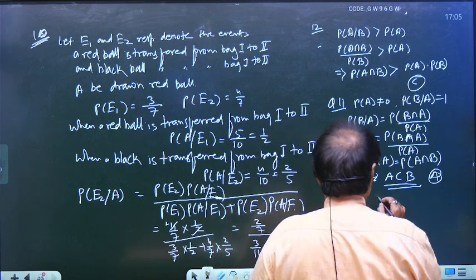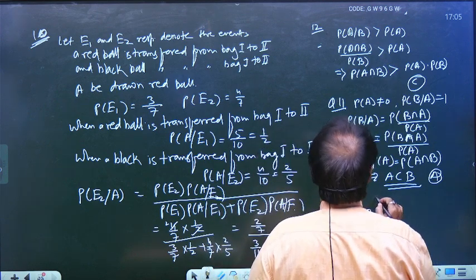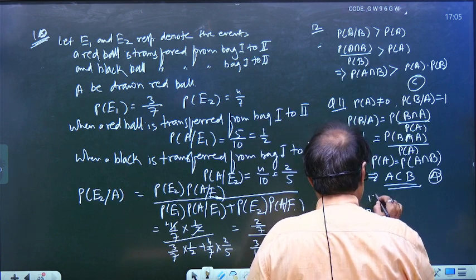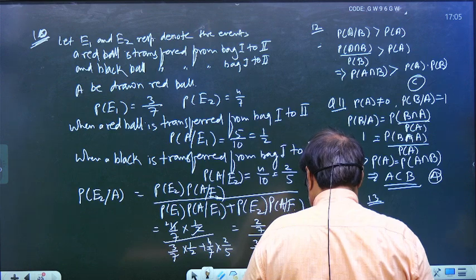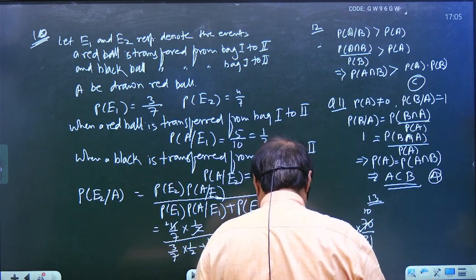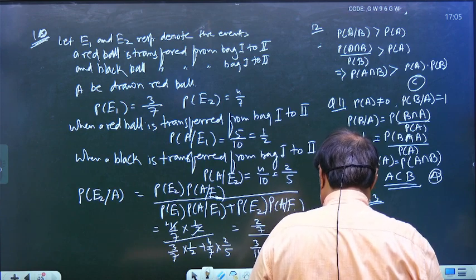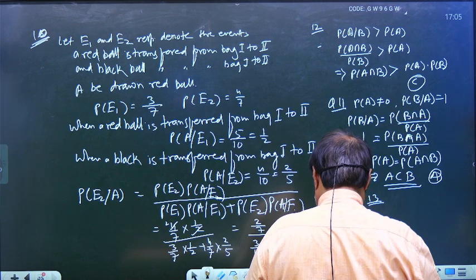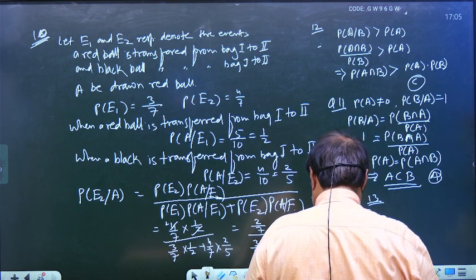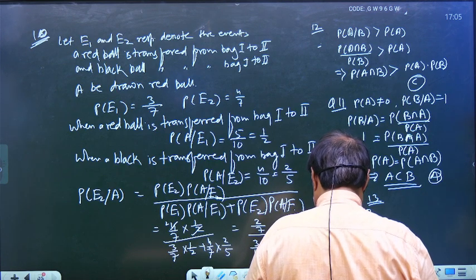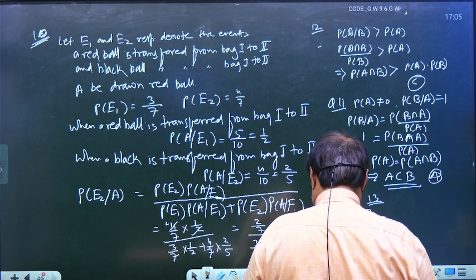And the last, question number 13. What is given: if A and B are any two events such that PA plus PB minus probability of A intersection B is equal to PA, then which is the correct option?